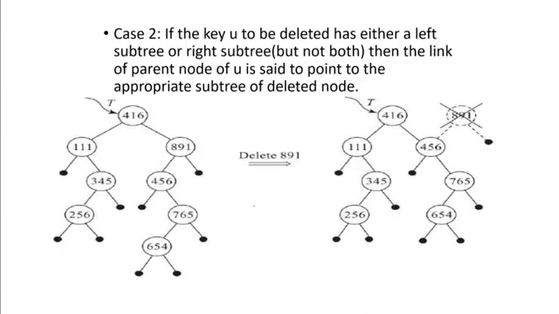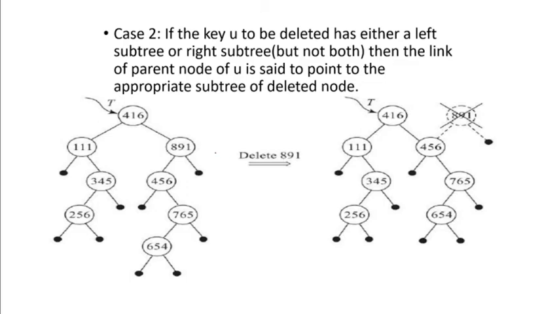Second case is that if you want to delete a node which has a single child, it can be either left child or right child, but it has only a single child. If you take here, you have only examples of single child here. 111 has single child, 345 has single child. In the same way, 456 has single child and 765 has single child.